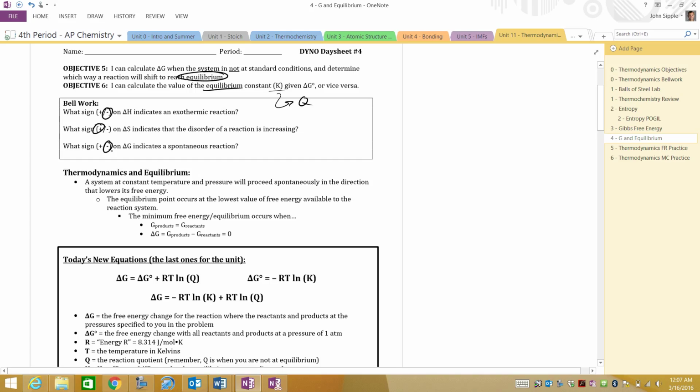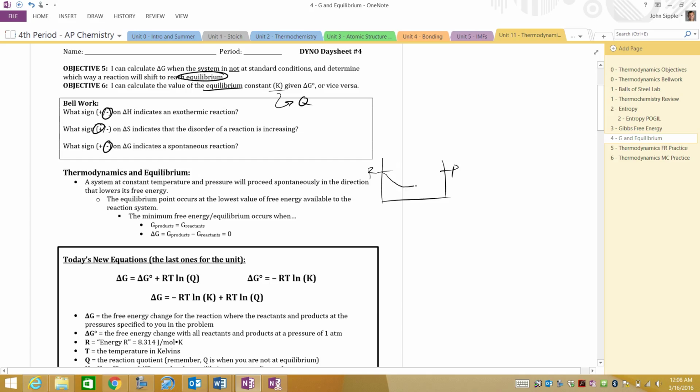Okay, so a couple things in terms of thermo and equilibrium. A system at constant temperature and pressure is going to proceed spontaneously in the direction that lowers its free energy. You can think about that in terms of a well. You've got your reactants over there, your products on the other side, and in terms of equilibrium, it's the amount of products to reactants.